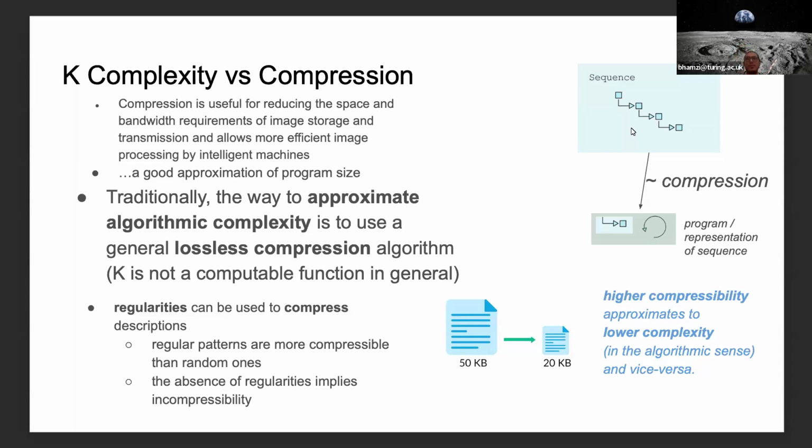General lossless compression algorithms are the way, because Kolmogorov complexity is not computable in general. Regularities can be used to compress descriptions, so higher compressibility approximates to lower complexity. That's the idea there.